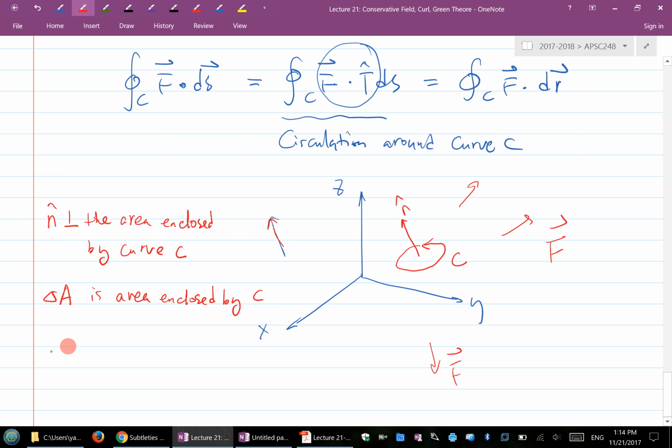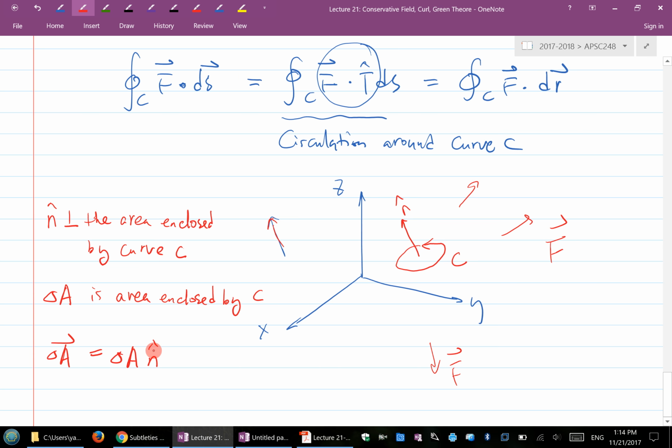So I might as well define a vector representing this small area. This delta A vector has a magnitude, which is delta A, and it has a direction. I'll use this n hat to represent its direction.